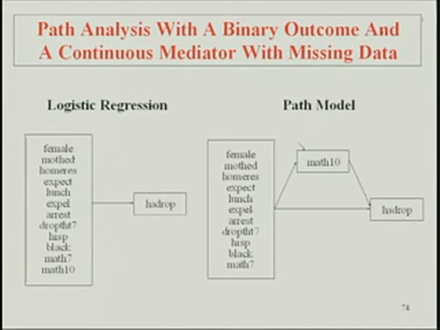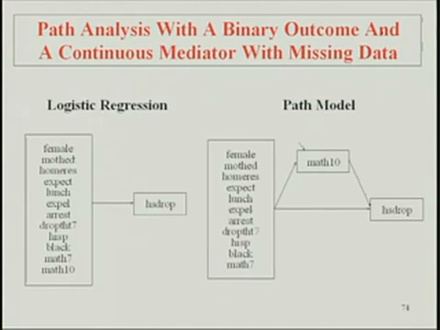Now, we could also instead consider doing a path model, expanding it to have two dependent variables: Math 10, which is a continuous variable, and high school dropout, which is a dichotomous or binary variable.